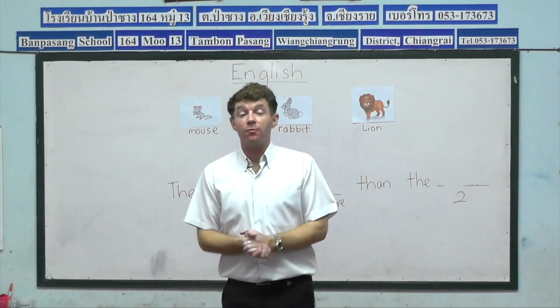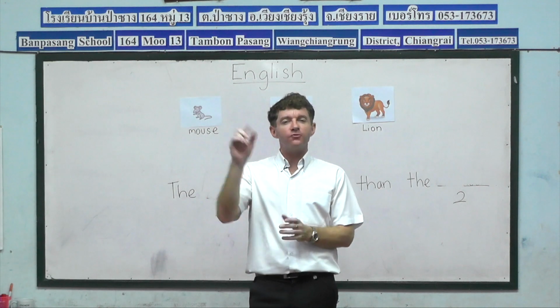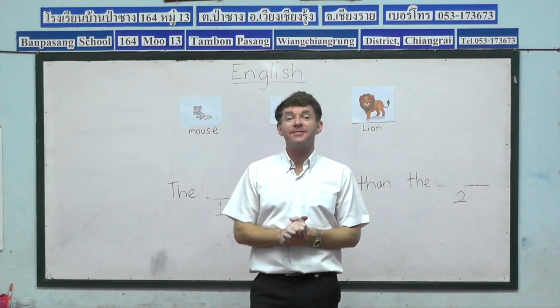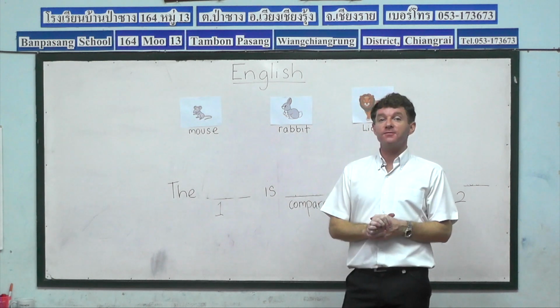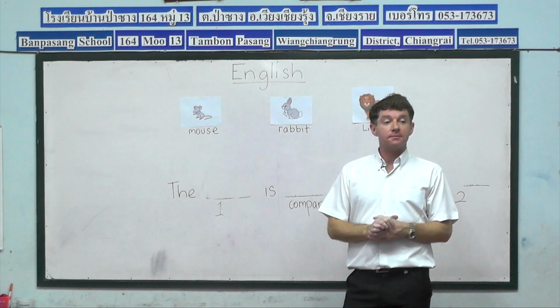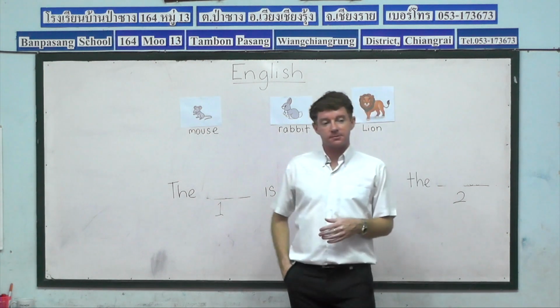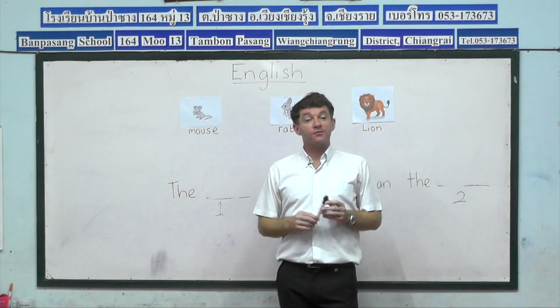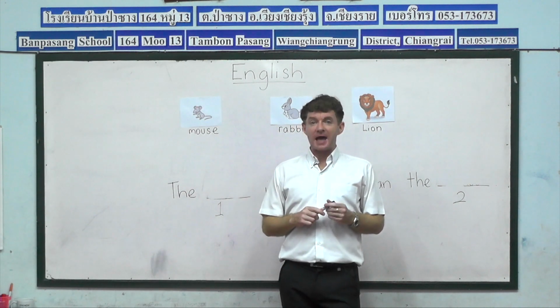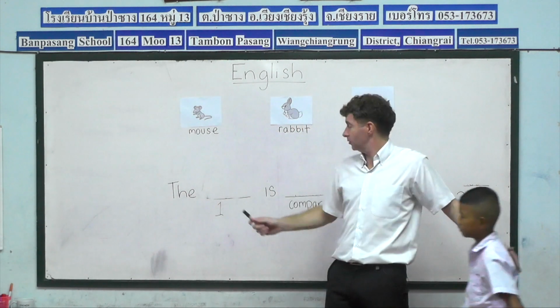Okay, so now I would like to invite one more student to come forward and demonstrate how we can use comparative adjectives in a sentence. So Pat, can you come and join me at the front, please? So first of all, we need our first animal. What animal shall we use as our first?